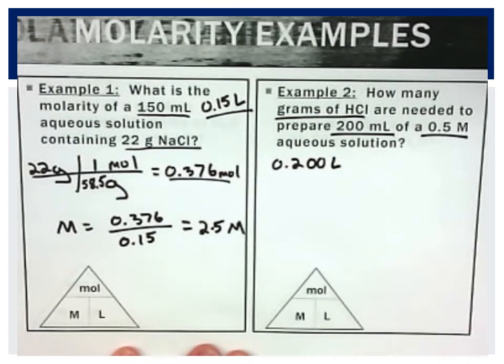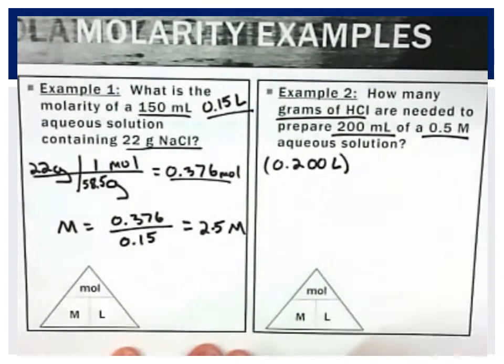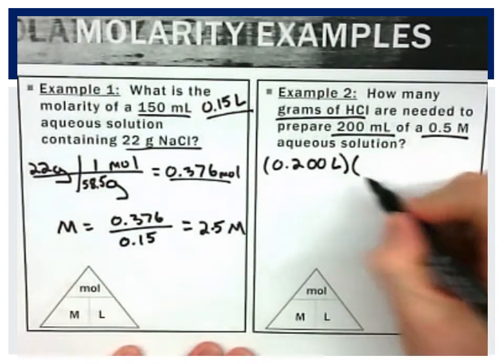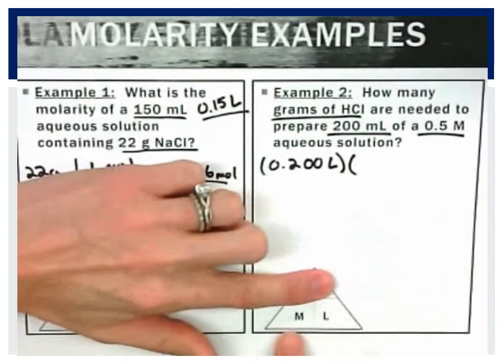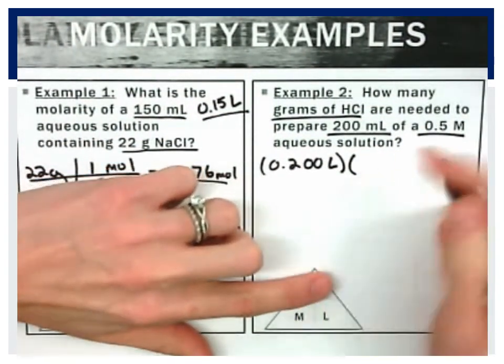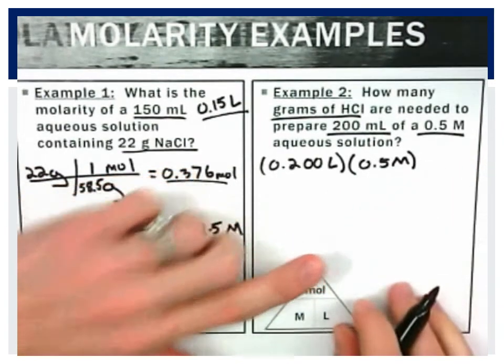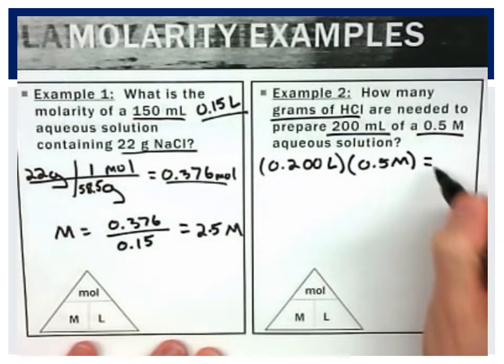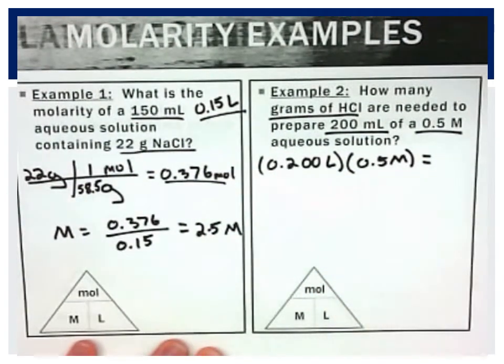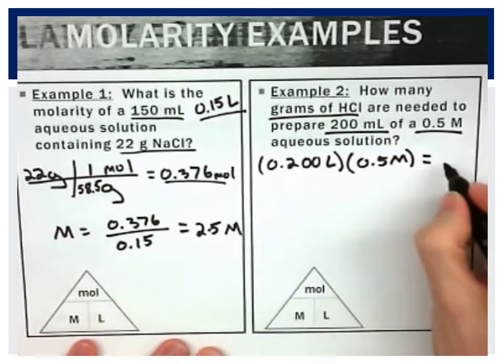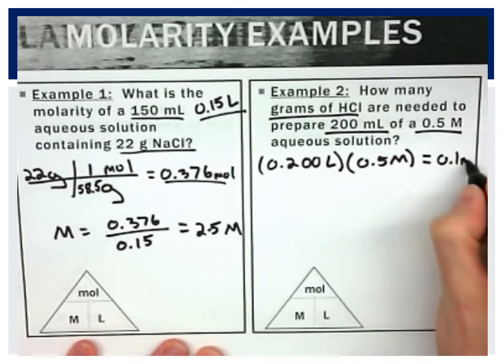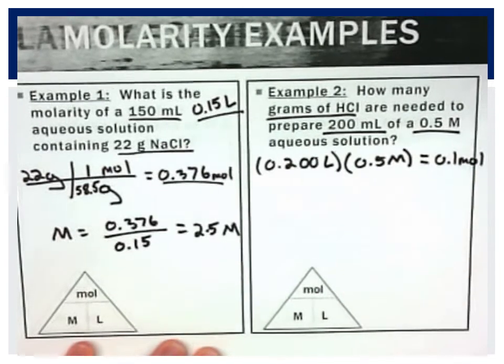Now to get my number of moles, I just want to multiply that number. See? Moles equals molarity times liters, so multiply that number by 0.5 molar. When I do that, I get 0.1 moles.